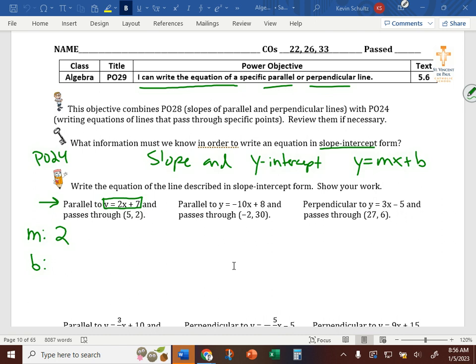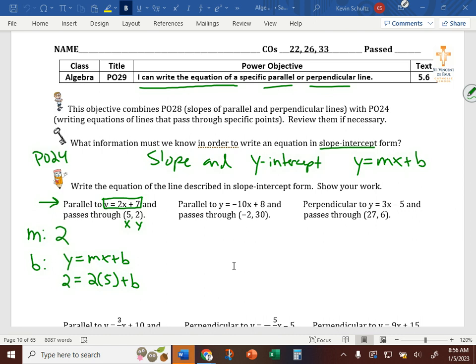Here's where I give you an ordered pair that's on your line. So we're going to solve for b the same way we did in PO24. We're going to use that 5 as a value for x, use that 2 as a value for y, go to slope-intercept form, plug in what we know, again, that 2 for y, our slope is also 2, plug in 5 for x, and we're solving for b.